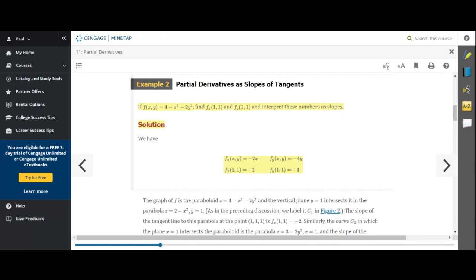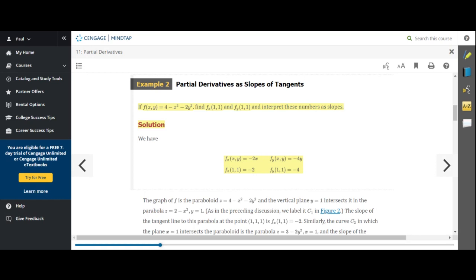Would the -2 be the slope of a tangent line going in the x direction or the y direction? That's right, the x direction. Why would you say the x direction? Because it's from the derivative with respect to x.